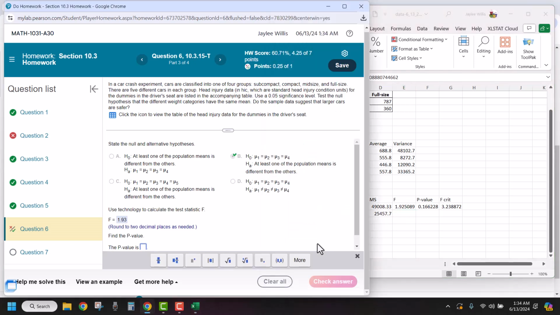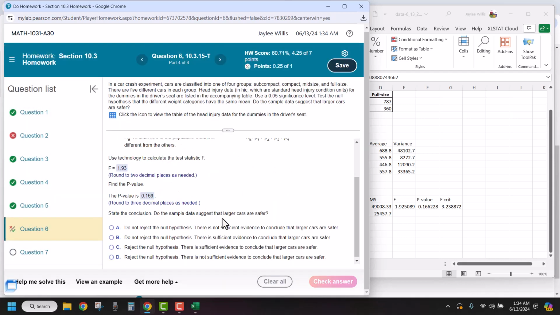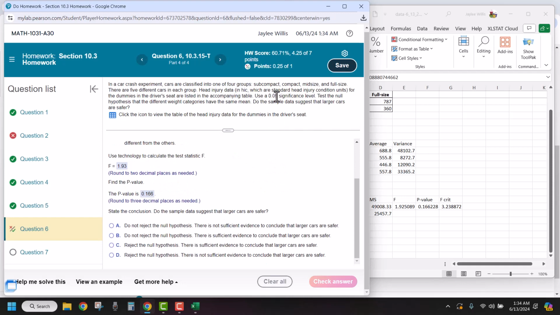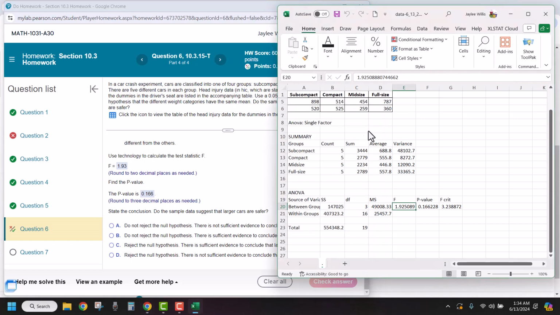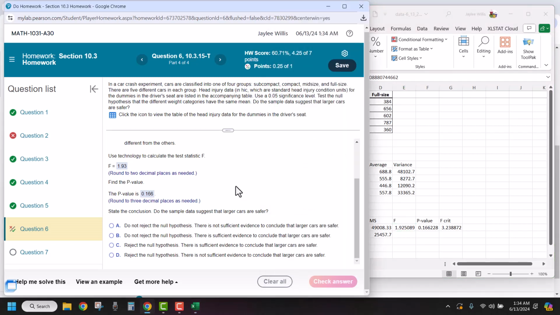And then the p-value is going to be 0.166. So about 16%. And since our significance level is 0.05 and our p-value was 0.16, that means that we can't reject the null hypothesis because the differences between the means in this data set are not significant enough to say that it's not just due to chance.